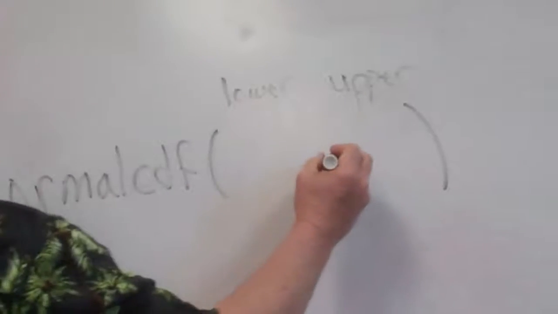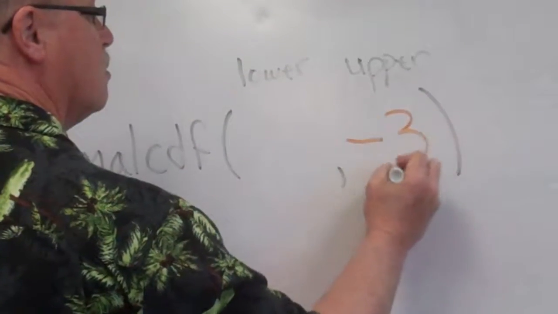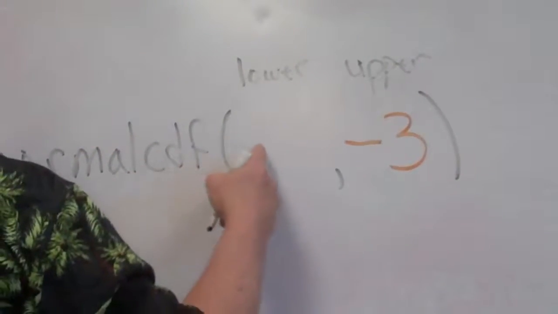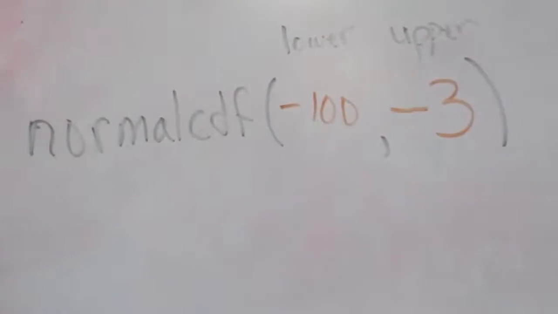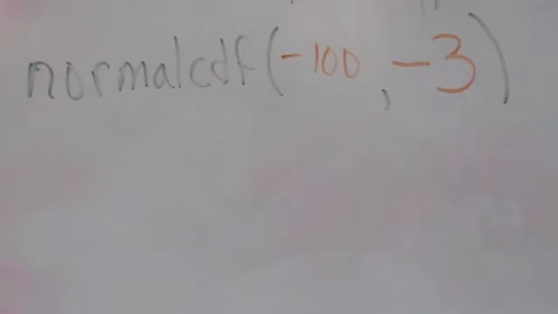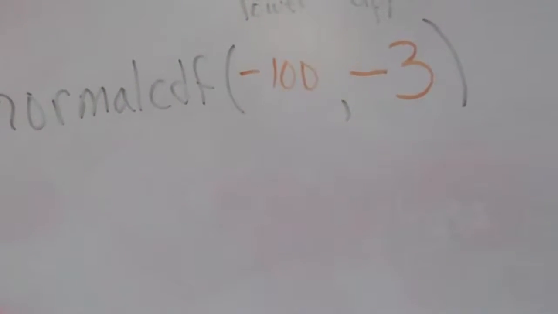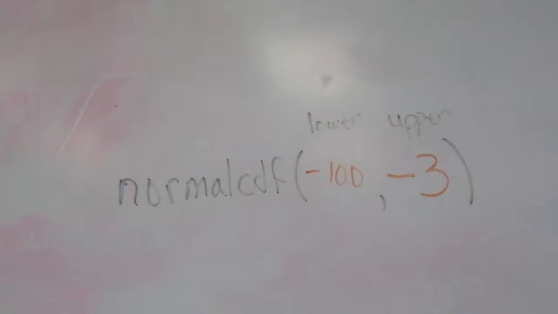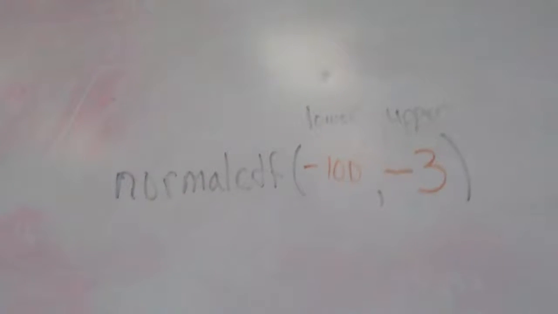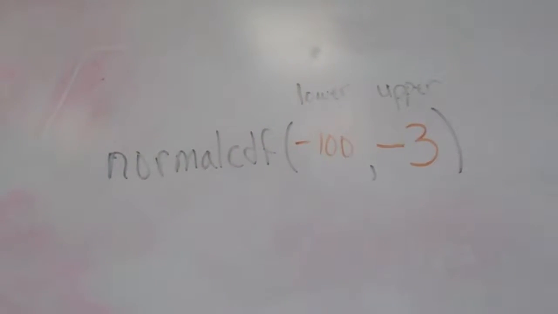I just put a -100. I don't think it'll be much different than a -10. But I mean, I just went way to the left. That's like a -100 deviations, you understand? It's like, yeah, that's just not going to happen.